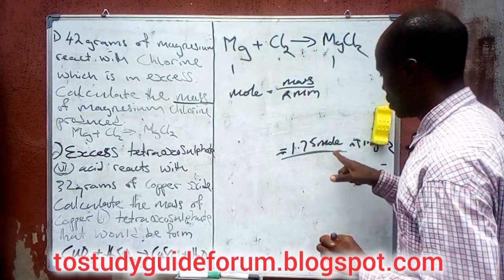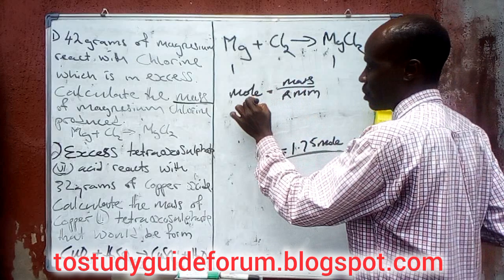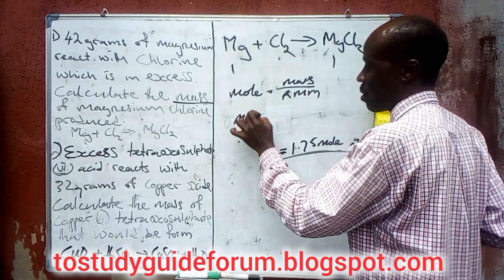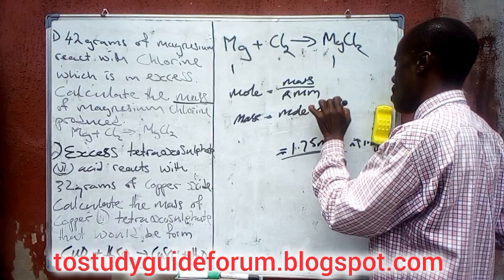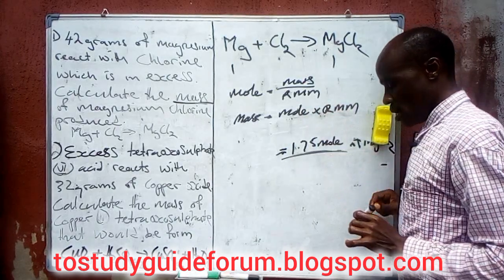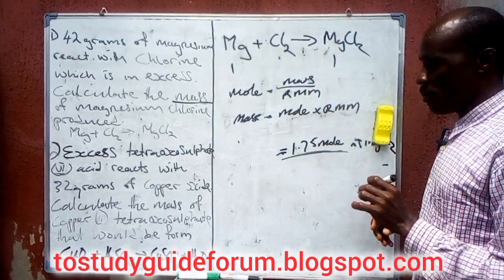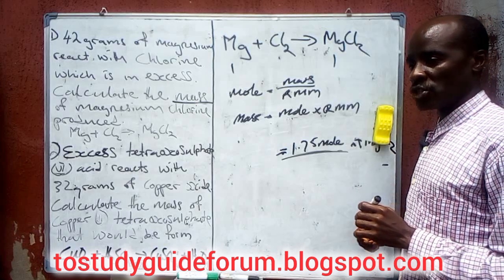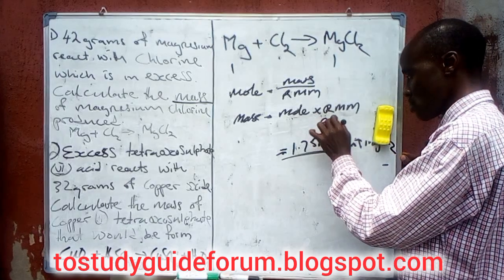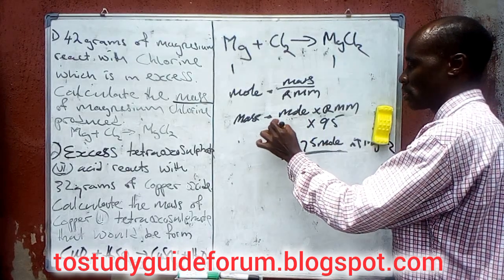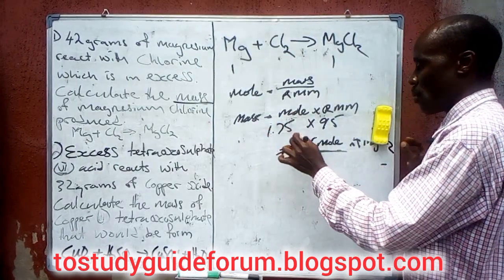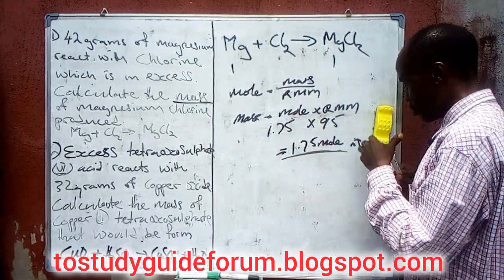So mass will be equal to mole times relative molecular mass. The relative molecular mass of magnesium chloride is 95, multiplied by 1.75. Let's see what we get.